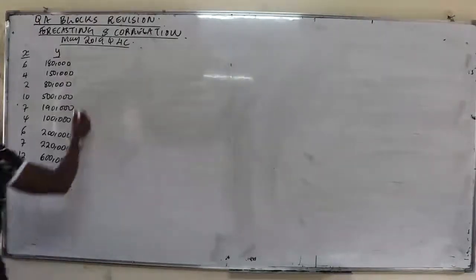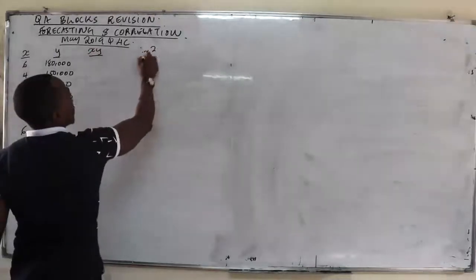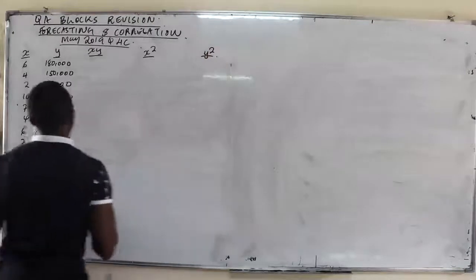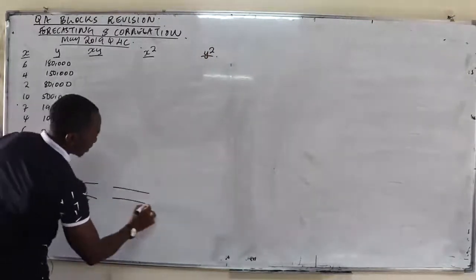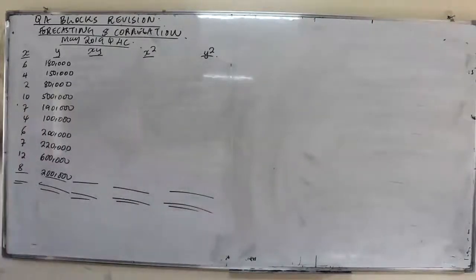Then we determine your XY, you determine X squared, and then you get Y squared. I showed you the easier way is to use a calculator. So let's do that.